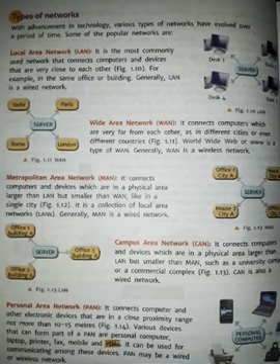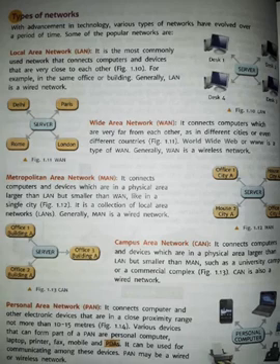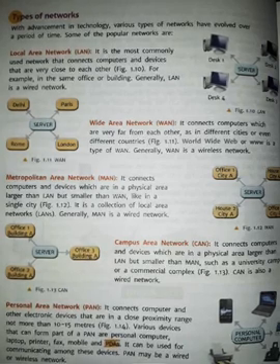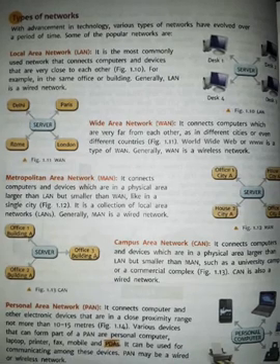The local area network is set up in the same area or same building. It is limited, and the devices are connected very close to each other. For example, a building or a limited area.